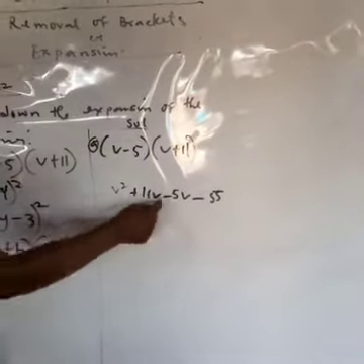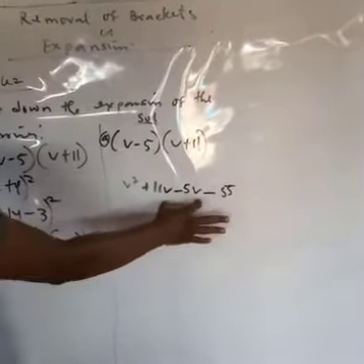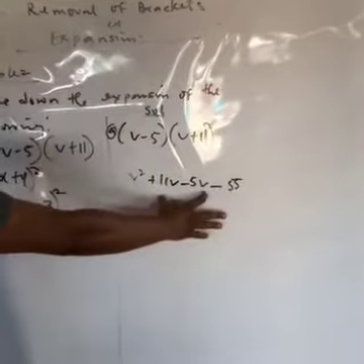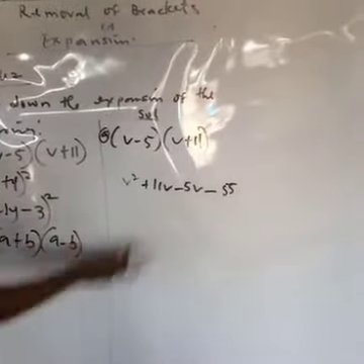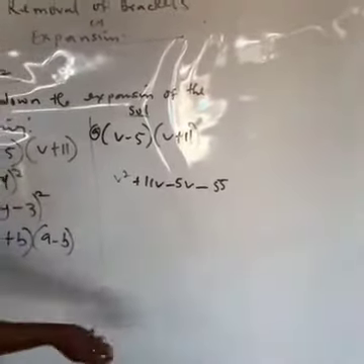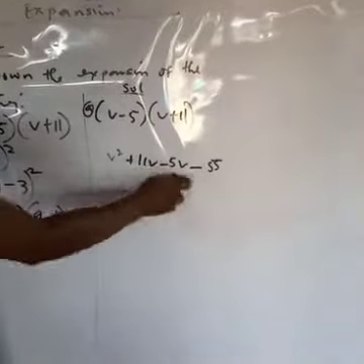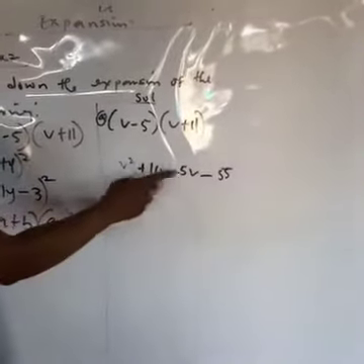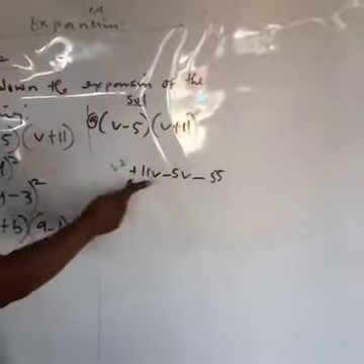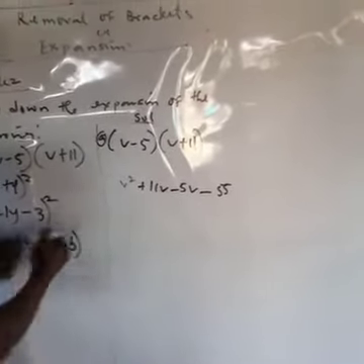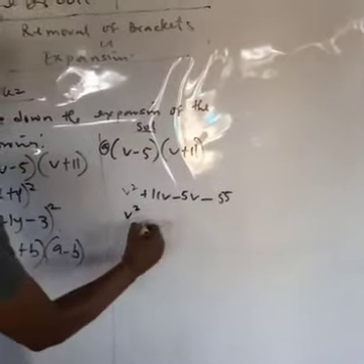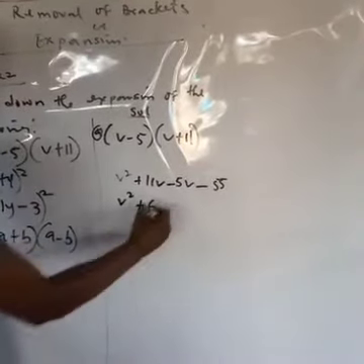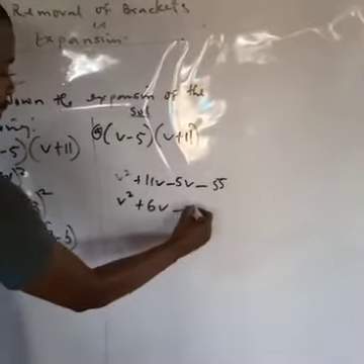That makes it different from this and this. So this and this can be added or subtracted. It's like you are having 11v minus 5v. Just deal with the coefficients: 11 minus 5 is 6. So we have v squared plus 6v minus 55.